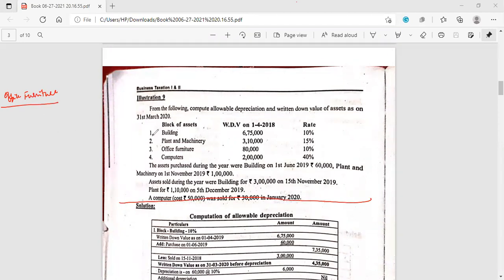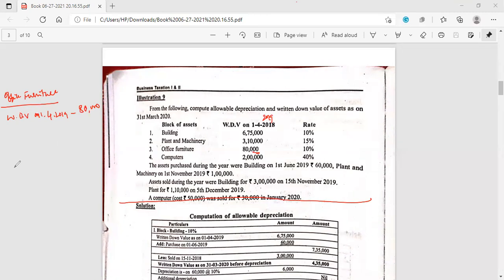Fine. Now the office furniture return on value as on 1/4/2019 is 80,000. To this we have to add additions if there are any. There are no additions to the office furniture.